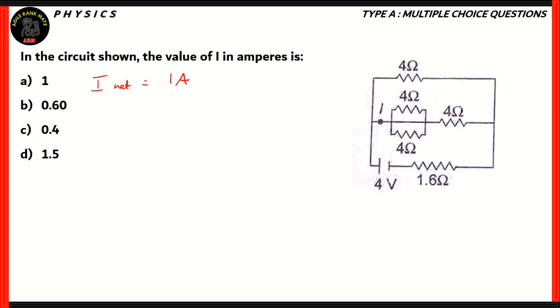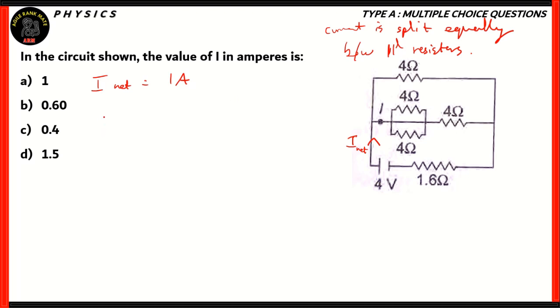All right, now, since we found the net current, we're going to use the theory that current passing through a parallel set of resistors is going to split off in inverse proportion to resistance. Now, what does that mean?